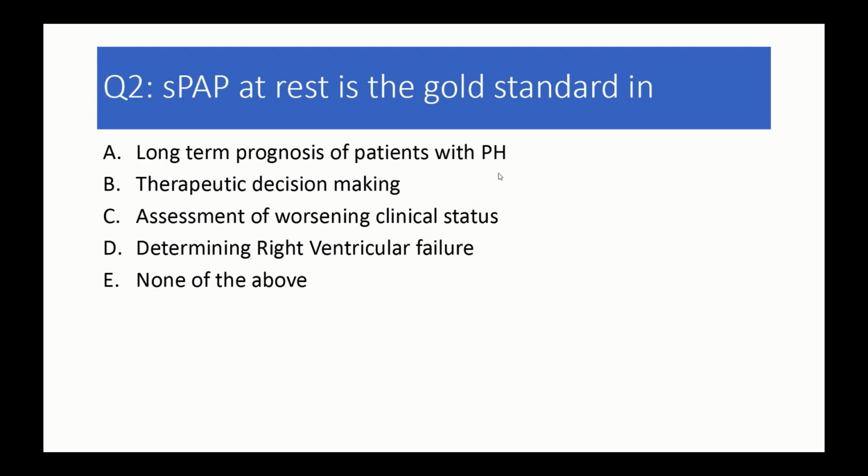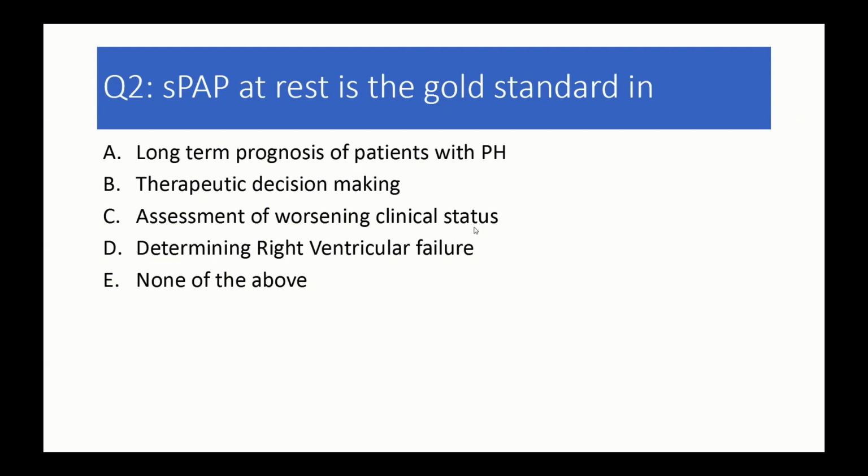For that, you have to do a right heart cath and you have to do a challenge to see if the person is responsive to vasodilators or not, and if the patient's pulmonary artery pressure increases with exercise or not. Assessment of worsening clinical status, because the pulmonary artery pressure estimate using echo is dependent on the function of the RV and also on the right atrial pressure.